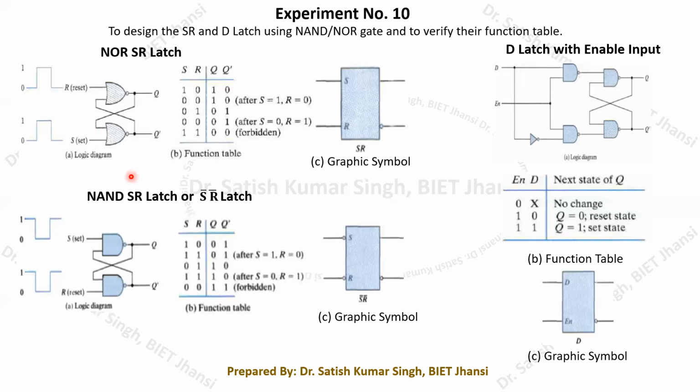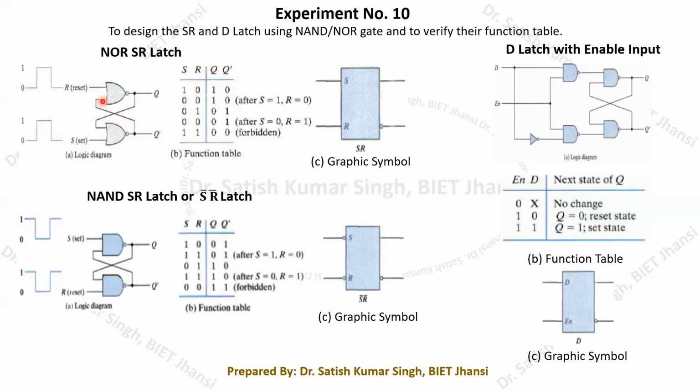So if A becomes 1 or B becomes 1, the output will always be 0. So if we make S equal to 1, the output of this NOR gate will become 0, and this 0 is applied to this particular input.